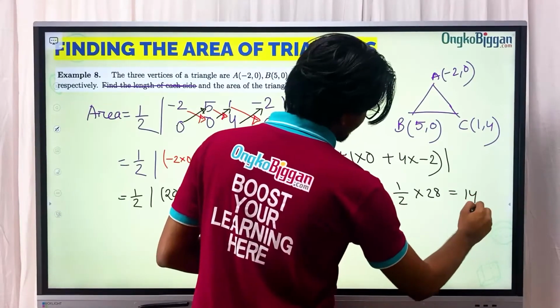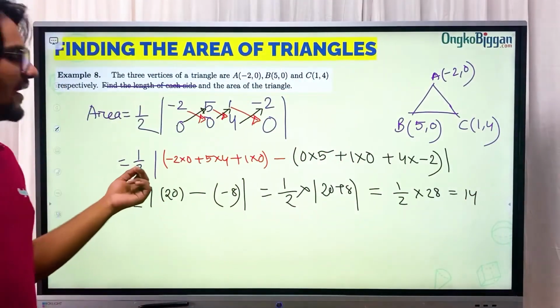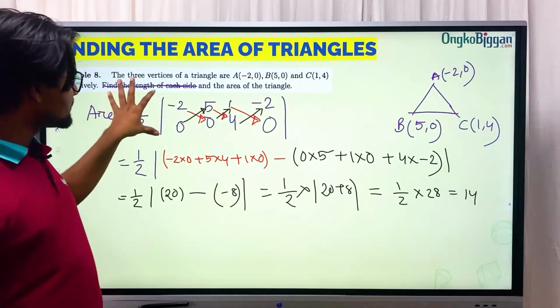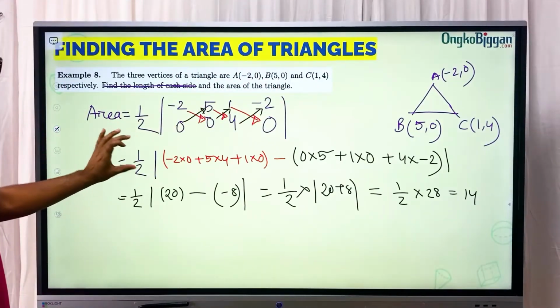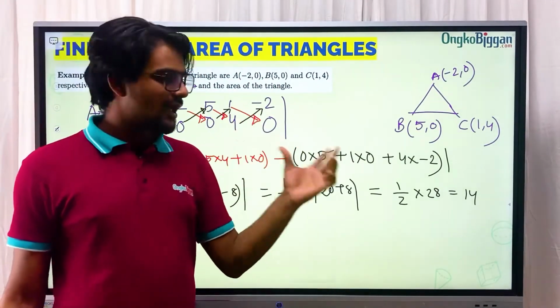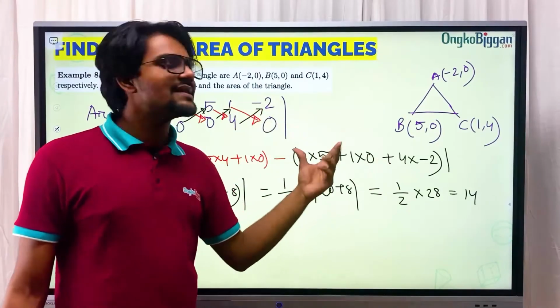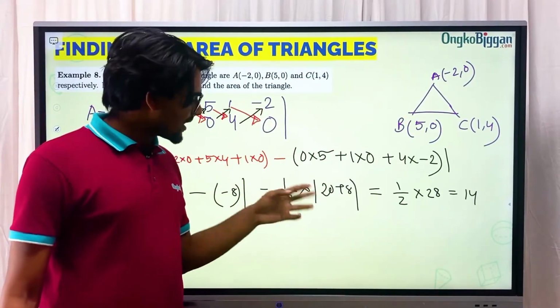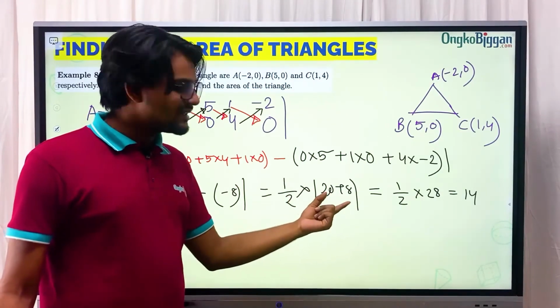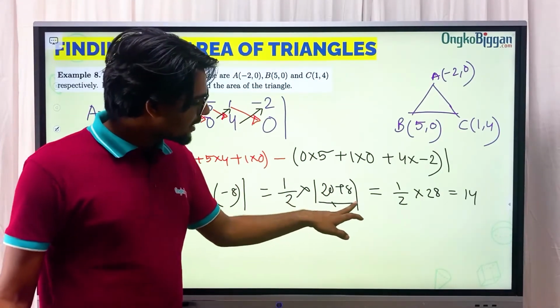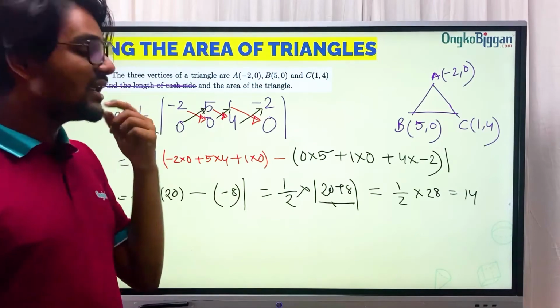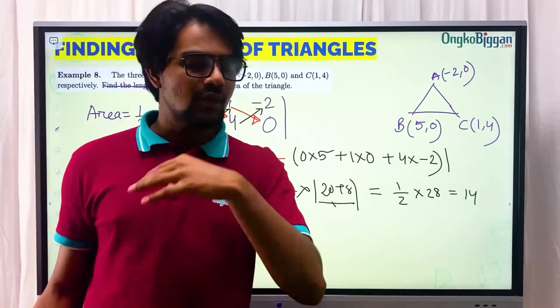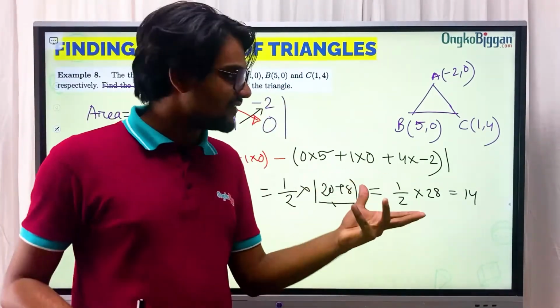So half into 28 will be 14. I actually forgot to explain what these bars are. These bars are the modulus sign. Why have we used the modulus sign? Because sometimes when you apply this method, the value within these bars becomes negative, and we know that the area of a triangle, or area of anything, cannot be negative.